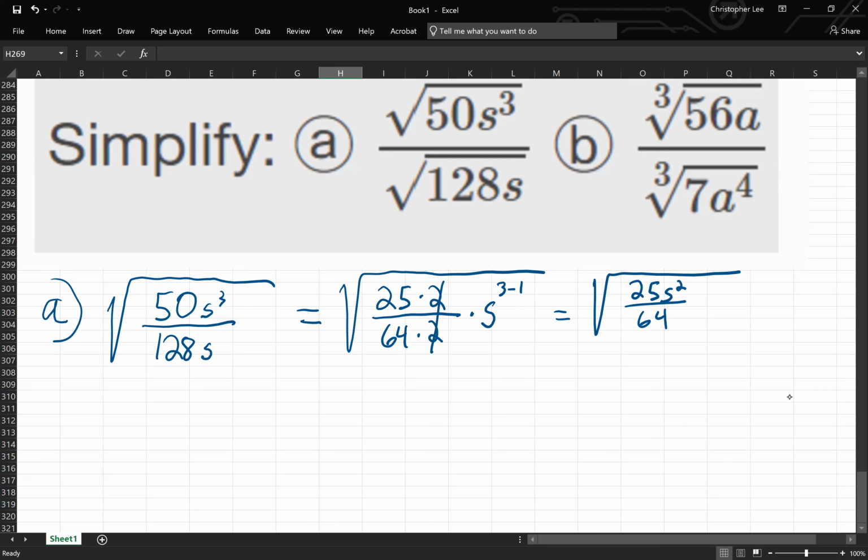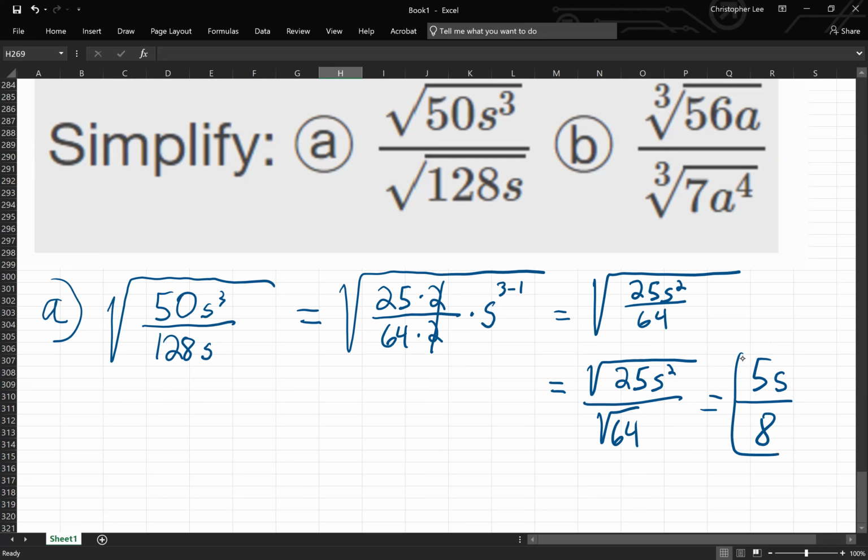Now I can go back to putting the radical over both of these because it became really simple. This is square root 25s squared over square root 64. So what's the top going to be? 5s. Very good. And what's the bottom going to be? 8. That's it, and I'm done. All right, 5s over 8.